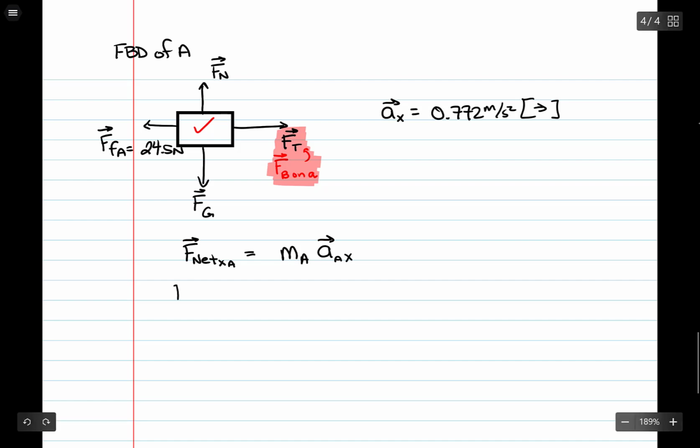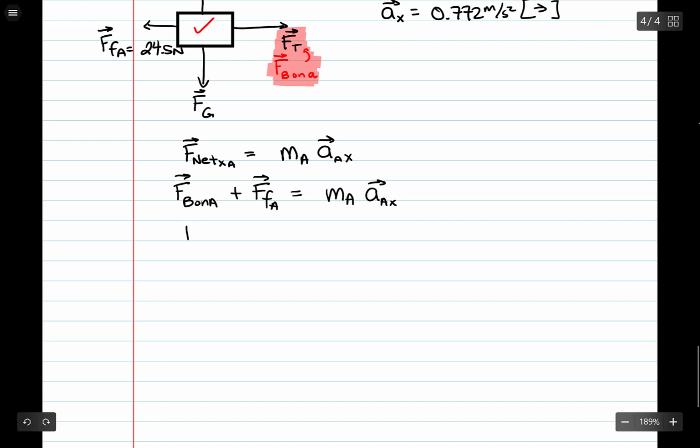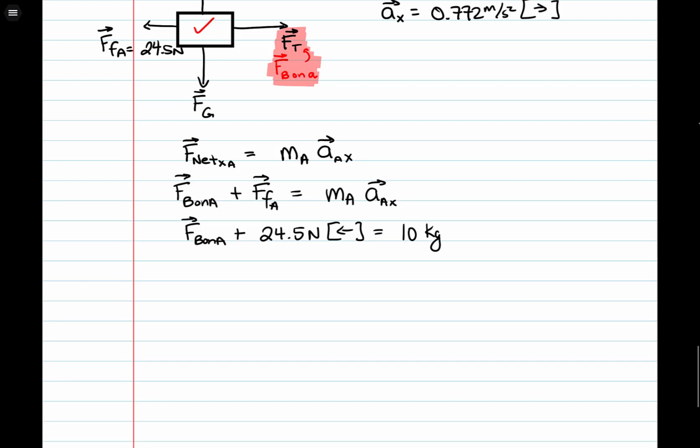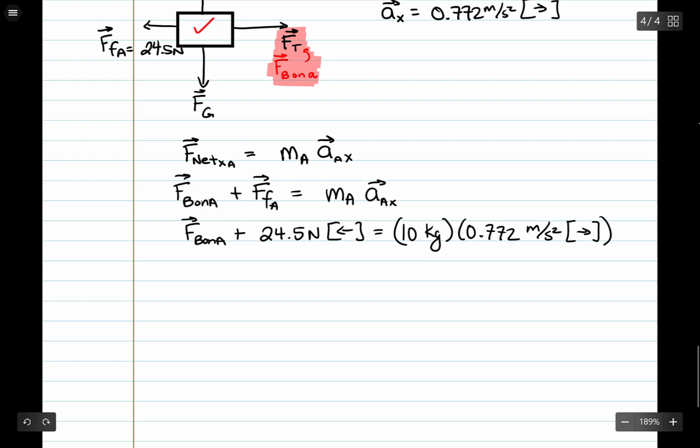So that tells us that F of B on A plus the force of friction on A is equal to the mass of A multiplied by its acceleration in the x direction. All right, so F of B on A, let's substitute in some values, plus 24.5 newtons acting to the left must be equal to 10 kilograms multiplied by this acceleration of 0.772 meters per second squared, and that's to the right.